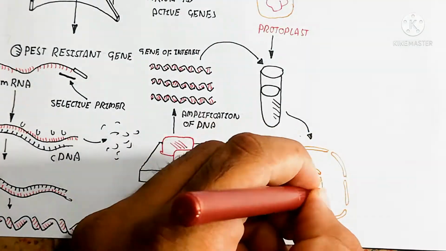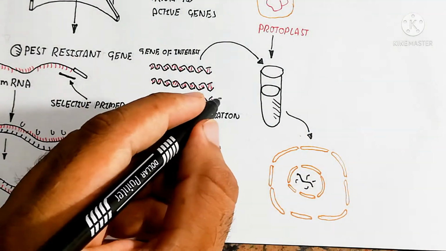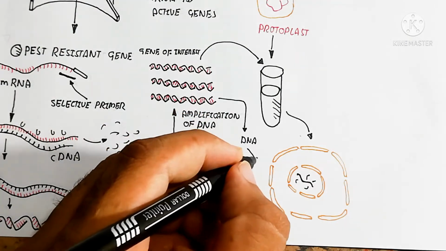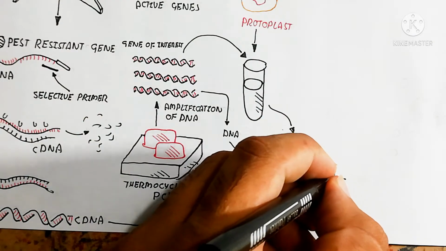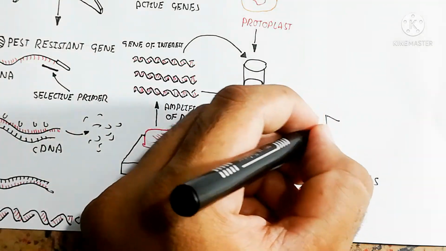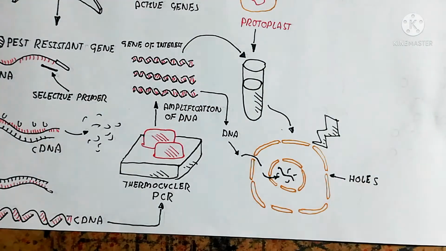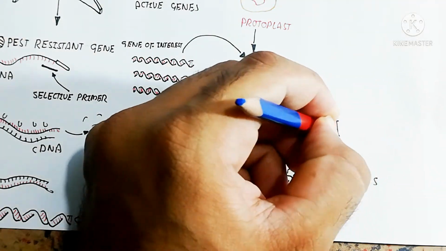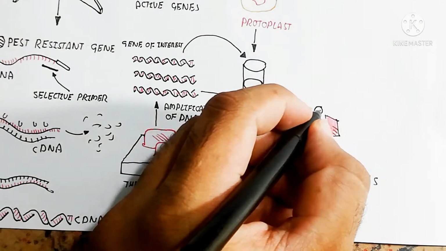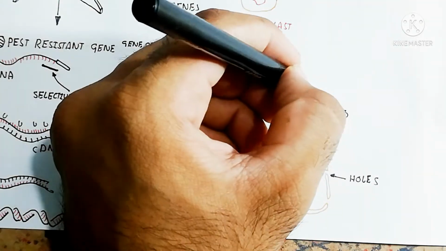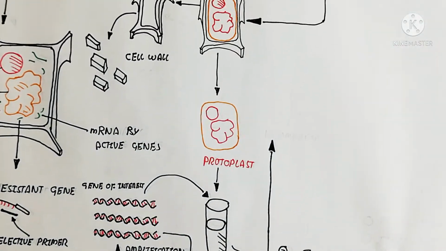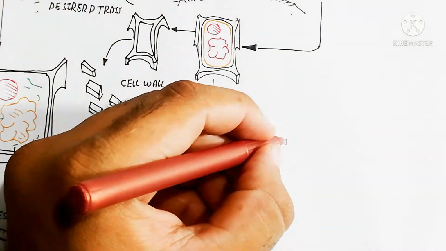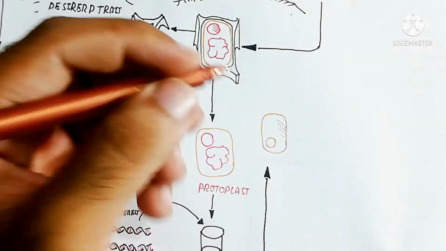That process is known as electroporation, or we can use a gene gun or another mechanism to insert the desired DNA segment, which we have amplified. So holes will be created, the DNA segment will move inside, and the ligase enzyme is also used for it.